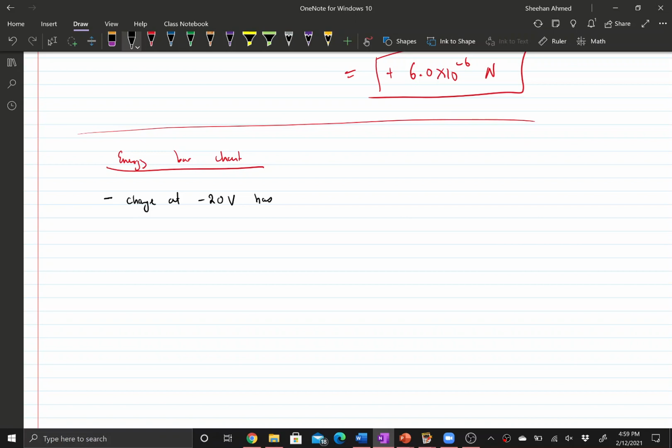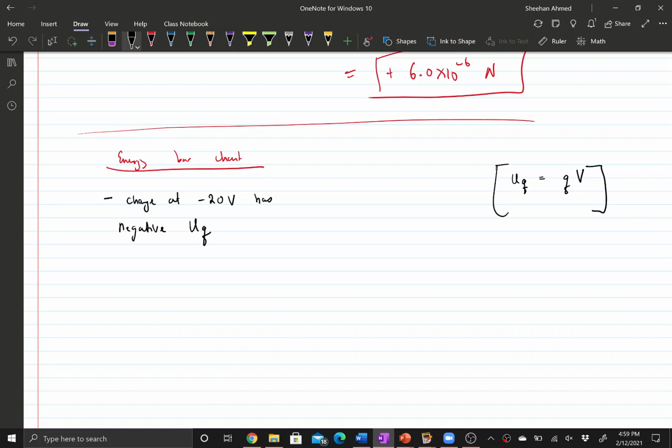Well, if we go back to this idea that we covered in class, which was the electric potential energy of a system is given by the charge multiplied by the V field value. So the charge is negative and the V field value is negative. The charge at minus 20 volt has negative electric potential energy.